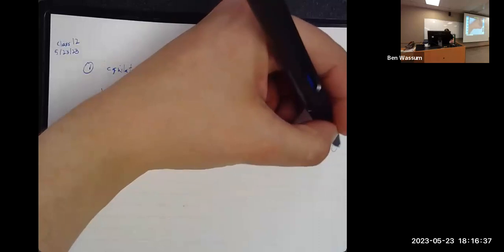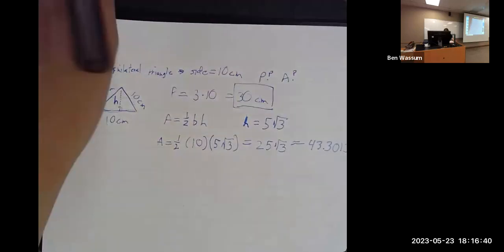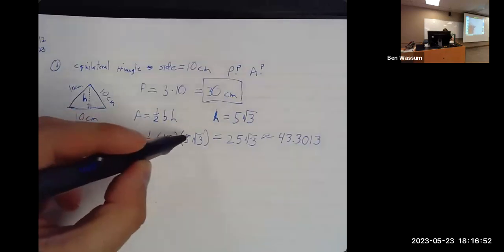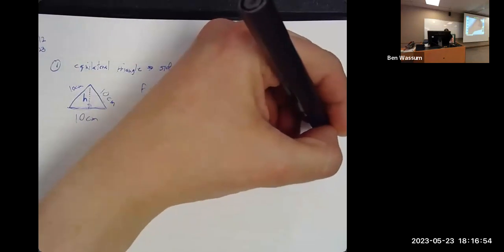This is 43.3013-ish. Since this one was centimeters multiplied onto a height in centimeters, centimeters times centimeters is centimeters squared.